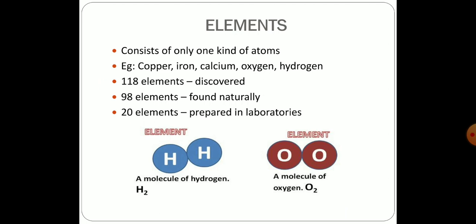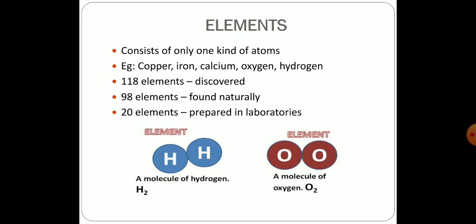Artificially we can prepare certain elements. So totally we have 118 elements in our chemistry, of which 98 are found naturally and 20 are prepared in the laboratories.